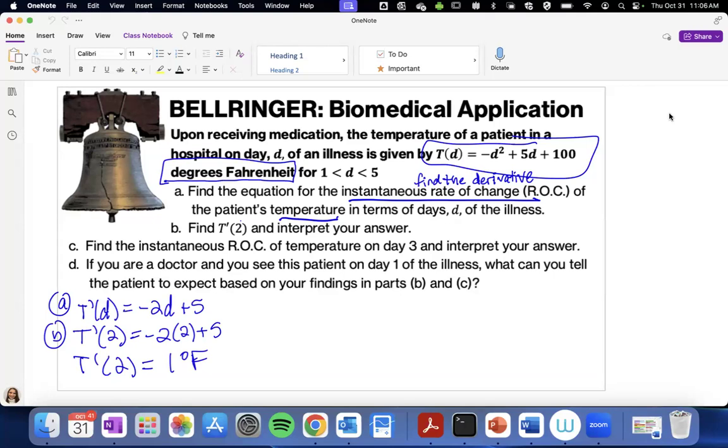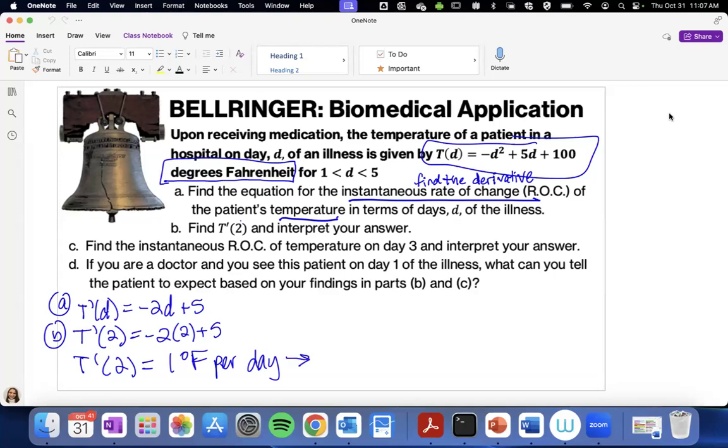Days. So per day. So if I was a doctor telling my patient, for T prime of 2, what does that mean? They've had it for 2 days, but what does 1 degree Fahrenheit per day mean?